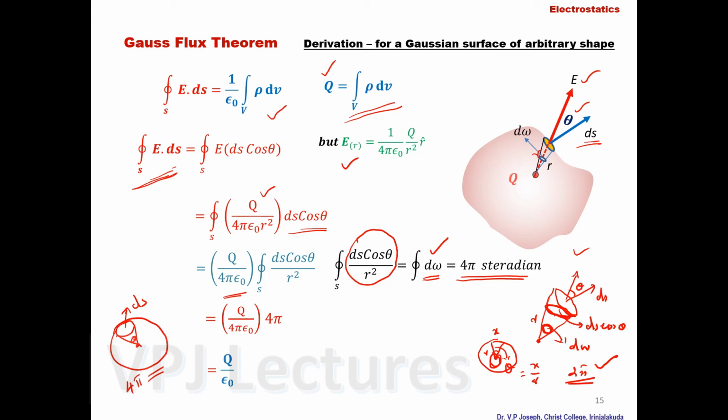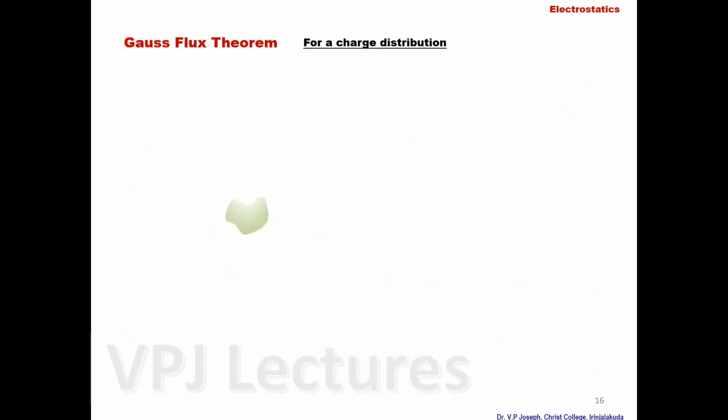So we are substituting that value here. So this 4 pi cancels out and the expression becomes q by epsilon 0. And here also the equation turns out to be surface integral E dot ds is equal to q by epsilon 0. So we get the derivation of Gauss-Flux theorem.